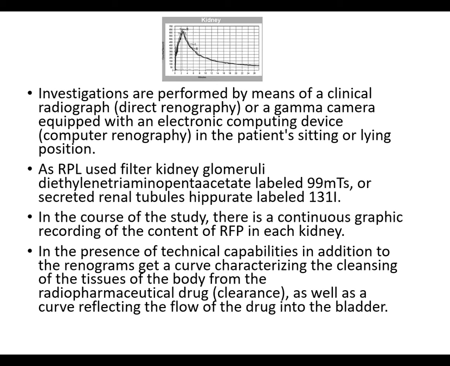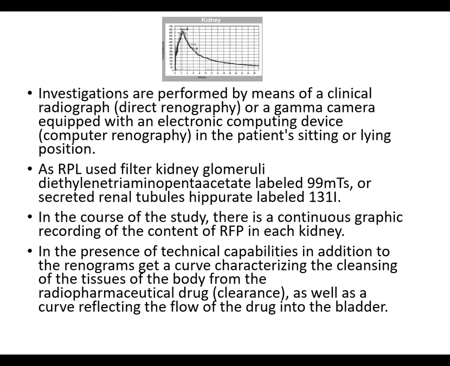As the radiopharmaceutical to be filtered by the kidney glomeruli, we use a substance with a long name, ethylene triamino pentaacetate, labeled with the isotope Tc-99m. For secretion by renal tubules, we use hippurate labeled with iodine-131.